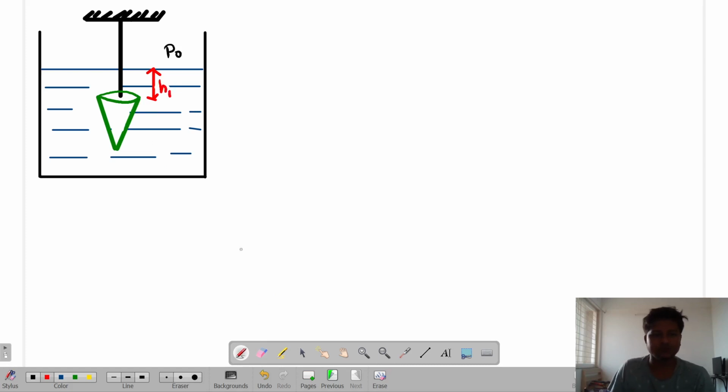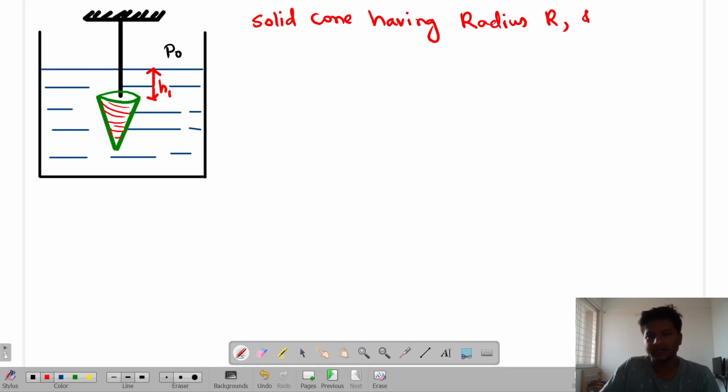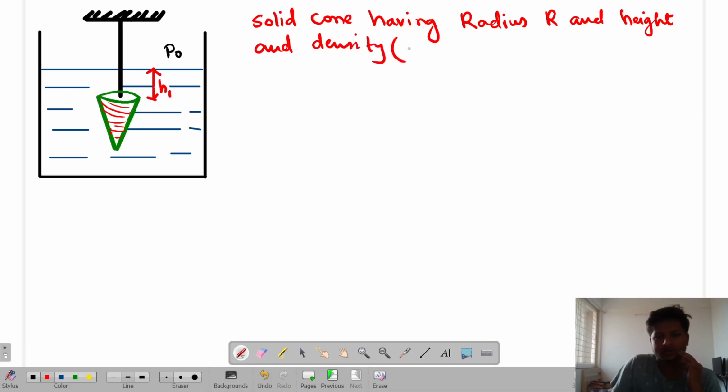But it is said that this cone is a solid cone, having radius R and height H, and density sigma, where sigma is less than rho, where rho is the density of liquid. So this is the condition given.